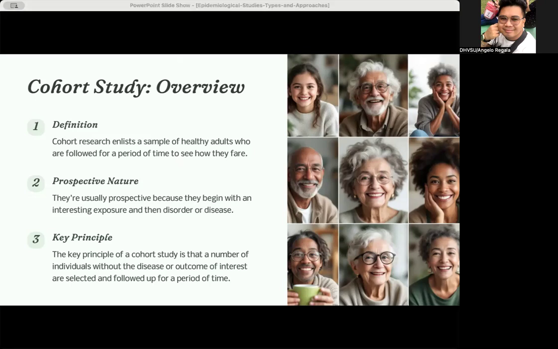Another process of cohort is, aside from observing those who are exposed, you would also observe which of the unexposed would develop the particular disease. So you're studying both the exposed and unexposed.